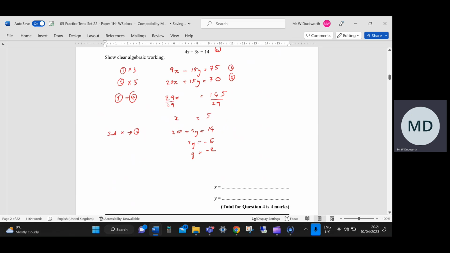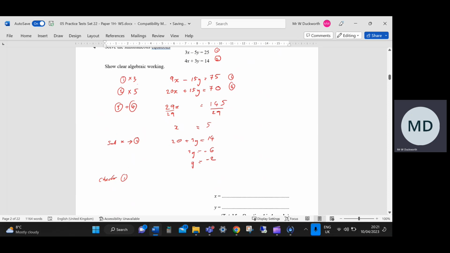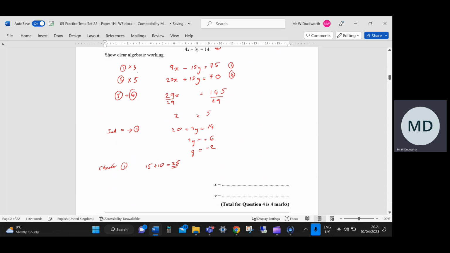It's not necessary, but it's 4 marks, so I'm going to do a quick check with equation 1, because that's the one I didn't use in this substitution phase. So 3 lots of x is 15, and then minus 5 lots of minus 2 would actually be plus 10, and that is equal to 25, so I know I've got that right. So I'm looking at x being 5 and y being minus 2.